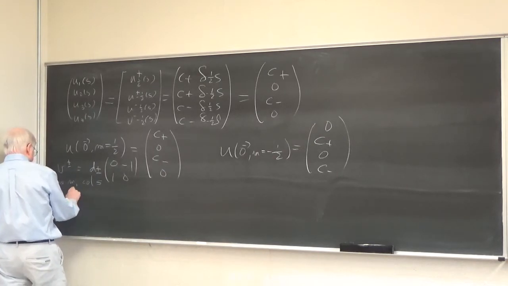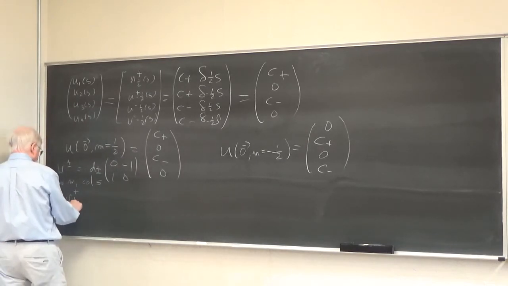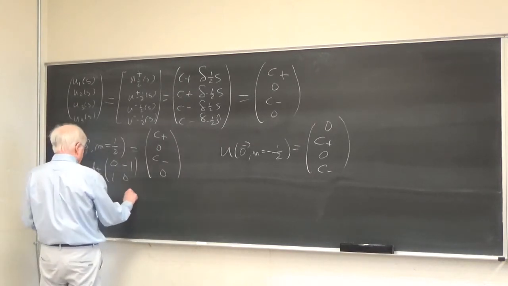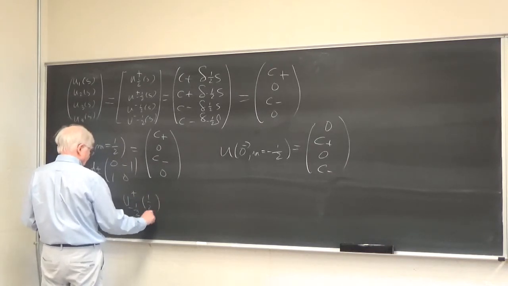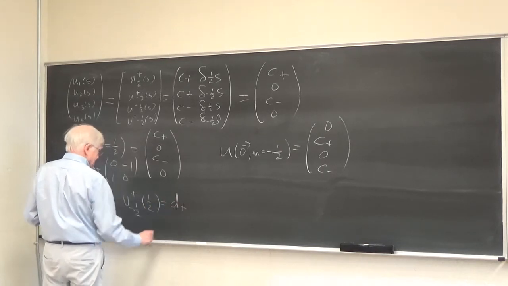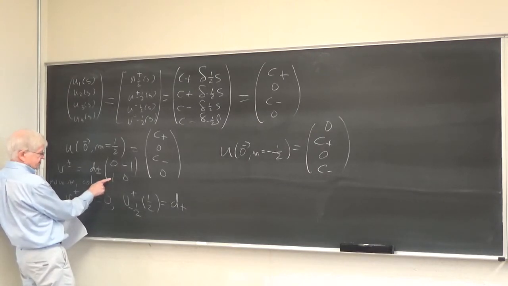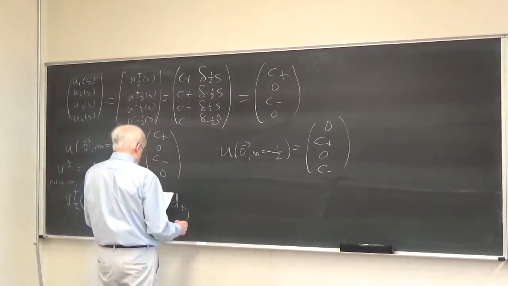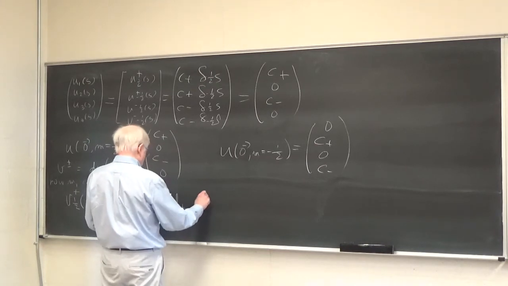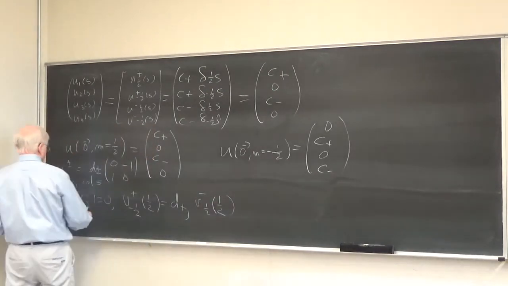We then have V plus of 1/2, 1/2, well, that's clearly 0. V plus of minus 1/2, 1/2, well, this is going to be D plus because this is the second row and the first position, first column. So that's D plus. Then we have V minus 1/2, again, of this thing here.